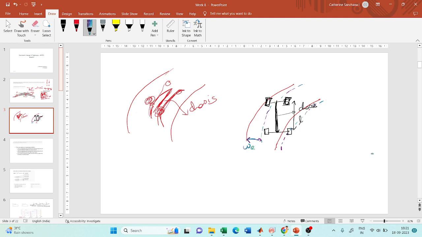So this is a horizontal curve, right? So it will have a radius.